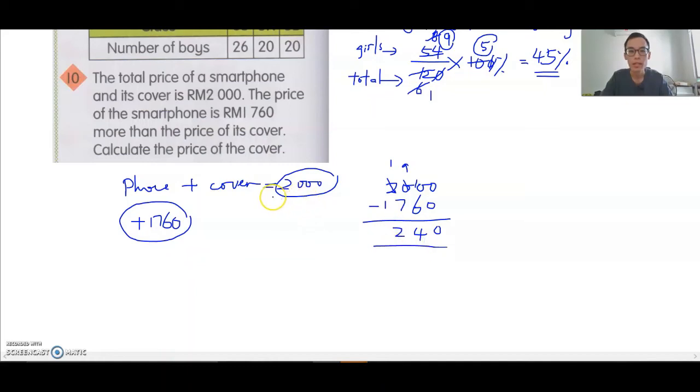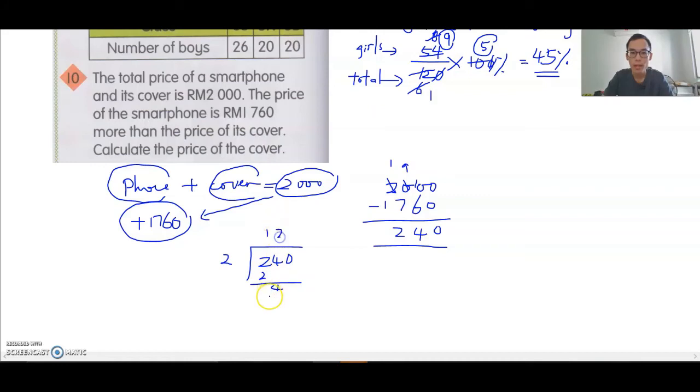I take the total price minus the difference, I get 240, and then I divide 2. I divide 2 because there are two items here, phone and cover. So I divide 2, I get 120.